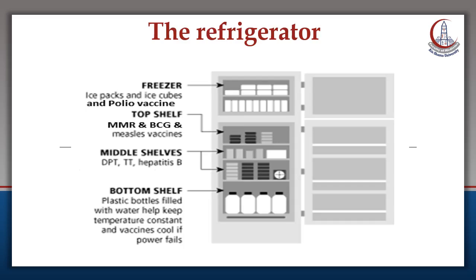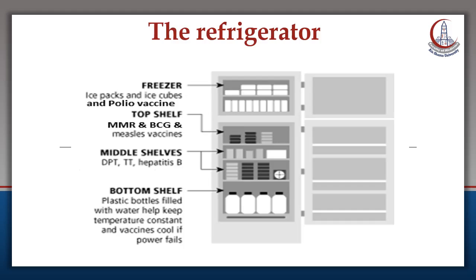Here are the shelves of the refrigerator. The first shelf or top shelf should contain the MMR vaccine, BCG vaccine, and measles vaccine. The middle shelf should contain DPT, tetanus toxoid, and hepatitis B vaccine.